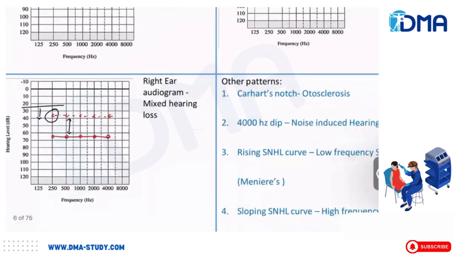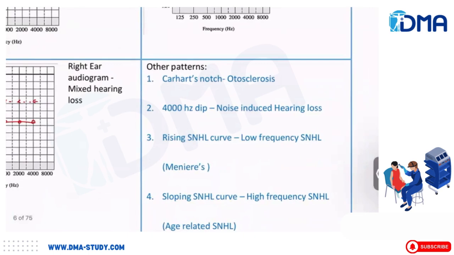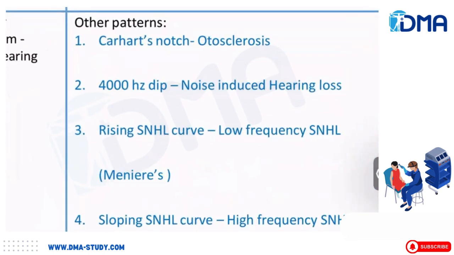Okay, fine. There are a few conditions which have specialized audiogram patterns. This is Carhart's notch. Carhart's notch is seen in otosclerosis. These are one-liners. The 4000 Hertz dip is seen in noise-induced hearing loss.